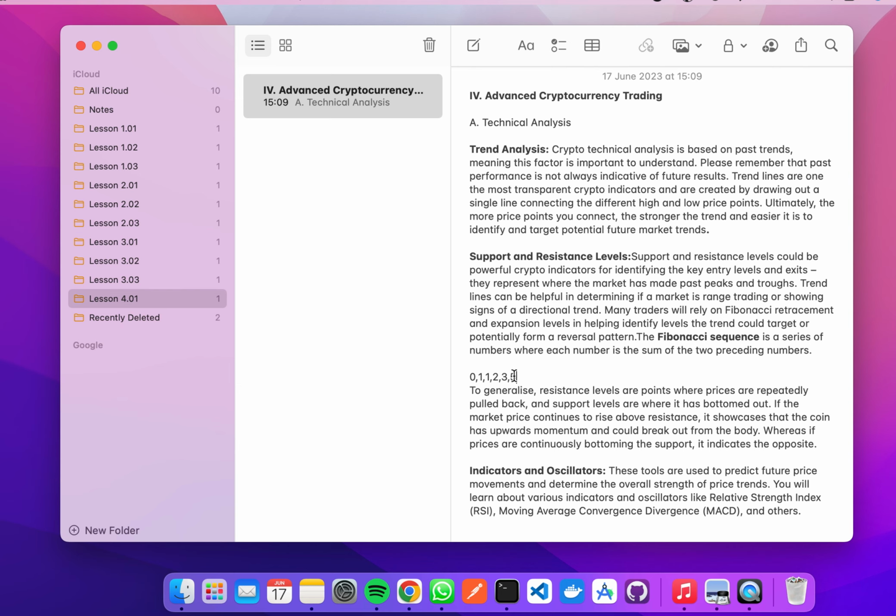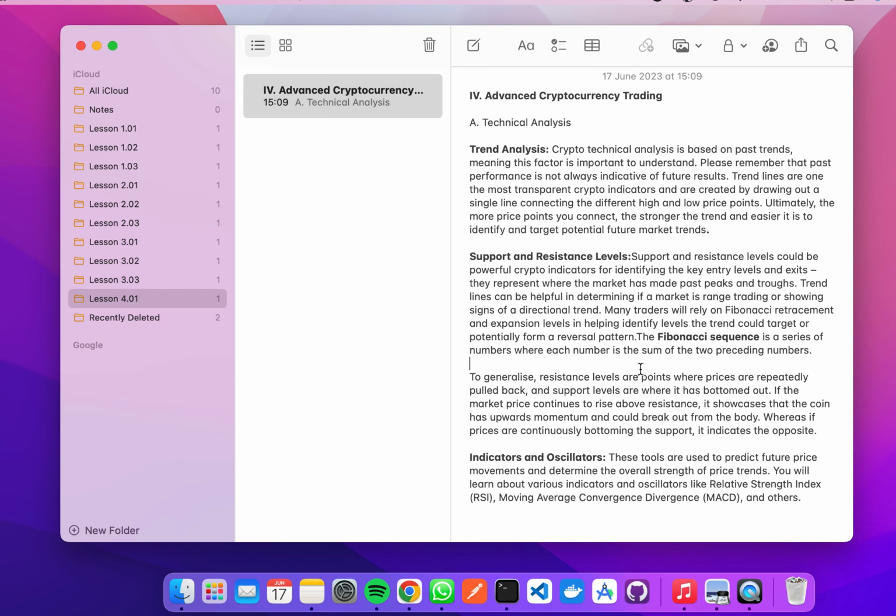To generalize, resistance levels are points where prices are repeatedly pulled back, and support levels are where the price has bottomed out. If the market price continues to rise above resistance, it shows that the coin has upward momentum and could break out.